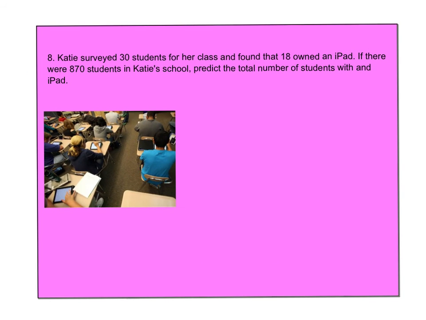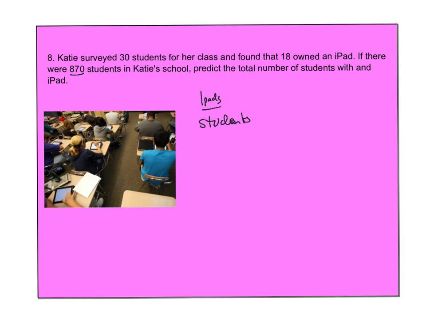So Katie surveyed 30 students in her class, found out that 18 have iPads. There are 870 students in Katie's school. Predict the total number of students with an iPad. So we want to compare iPads with students.